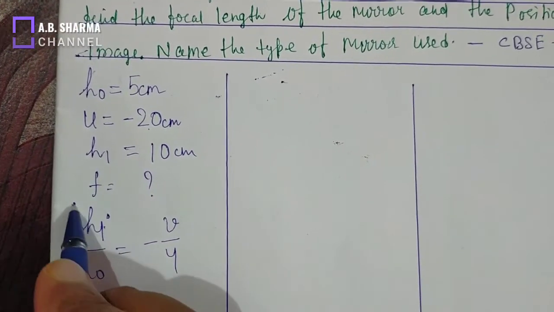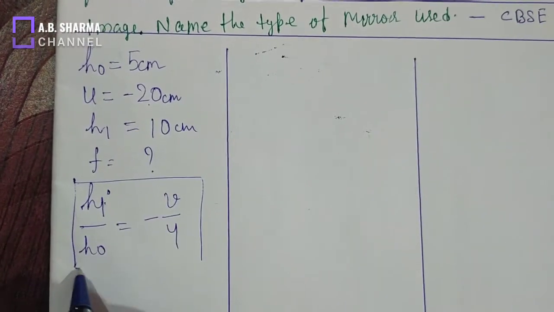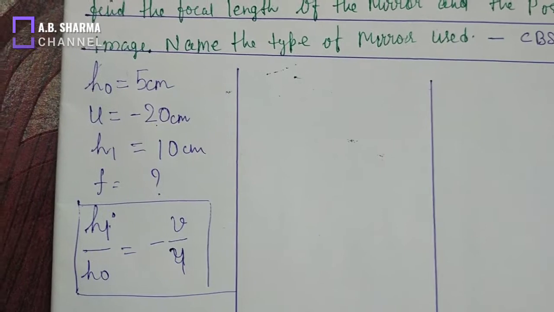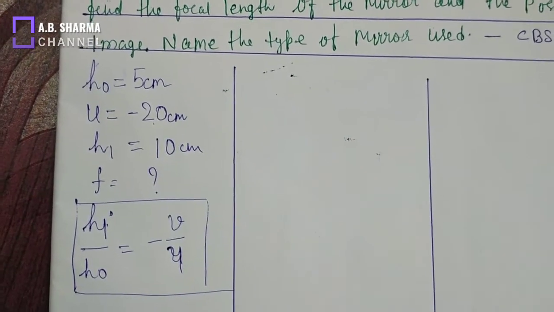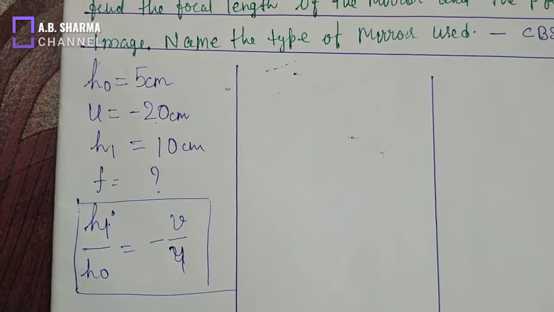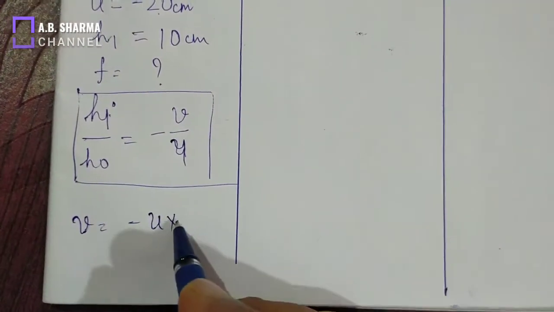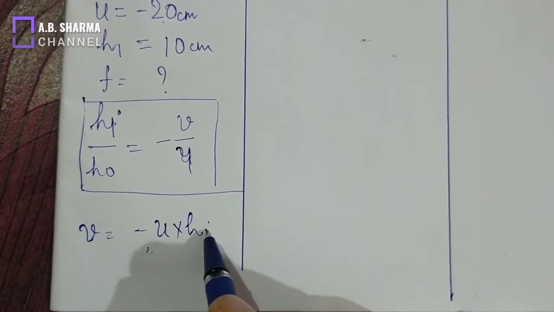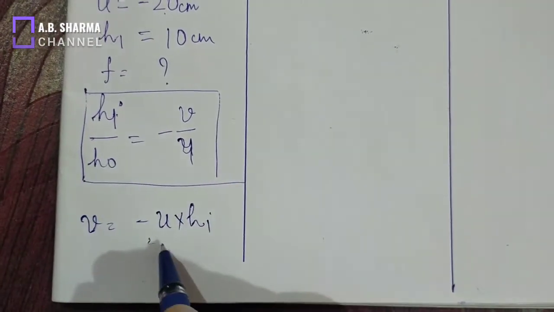This is the formula of magnification. We will use this formula to calculate v. So v equals to minus u into hi upon ho.